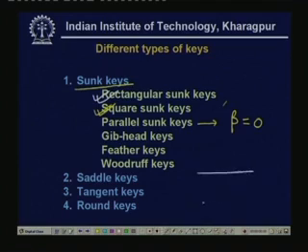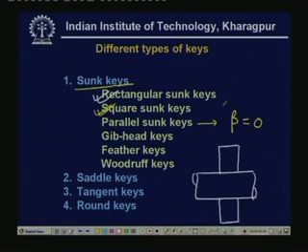This is the shaft, and this is another shaft. It is difficult to call it a shaft, but let us call it a disc in that sense. So we have to transmit torque from this one to that member. Now what we do, we cut this slot over here and introduce this gib head key.